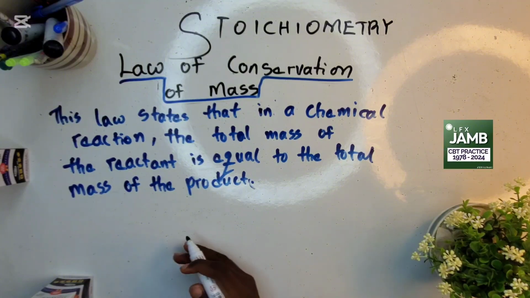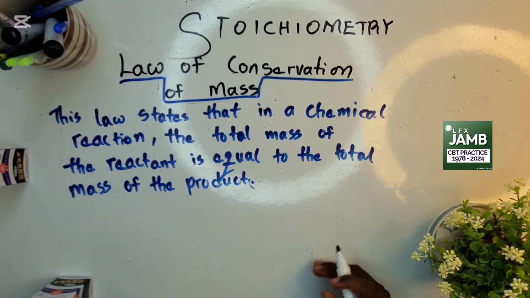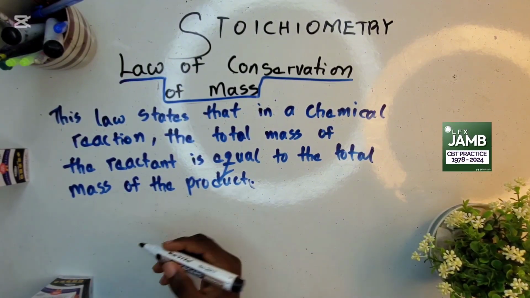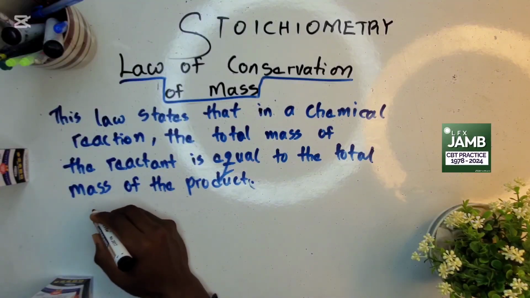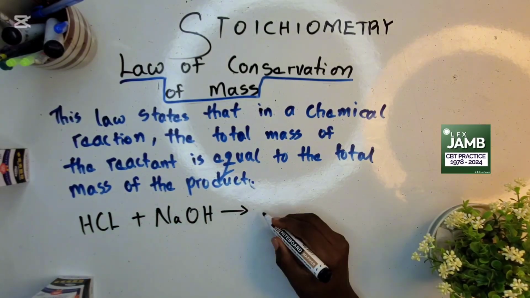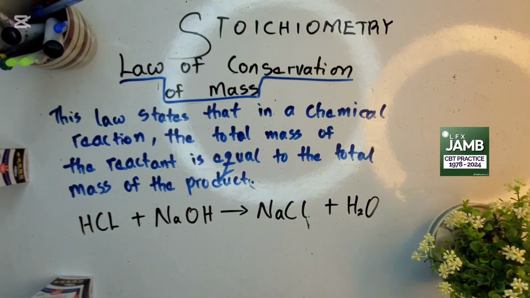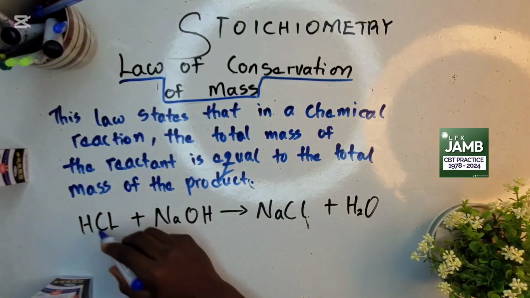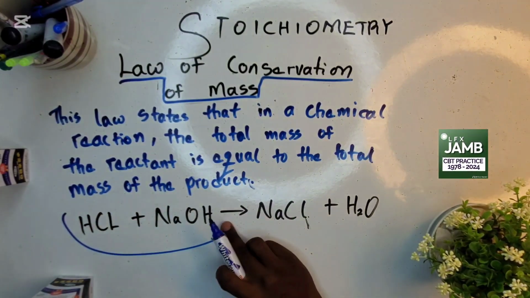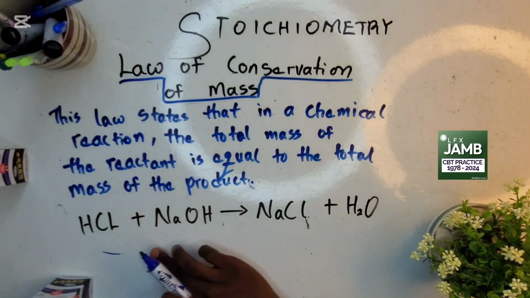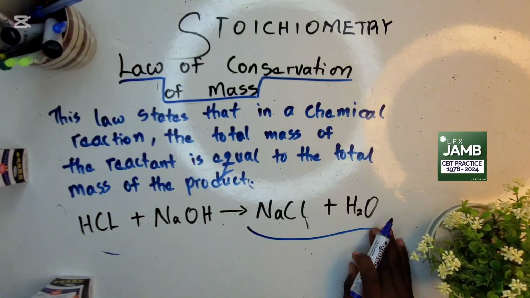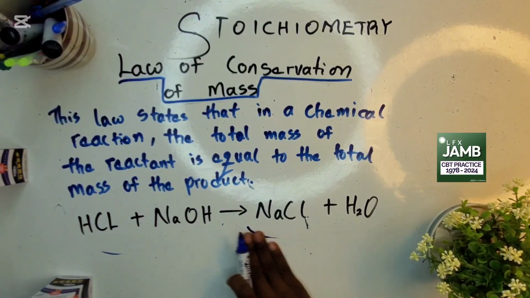A chemical reaction has formulas and is expressed. Let's say we have a chemical reaction of this state. Here is a chemical reaction. So this part here is called the reactant, and this part here is called the product.